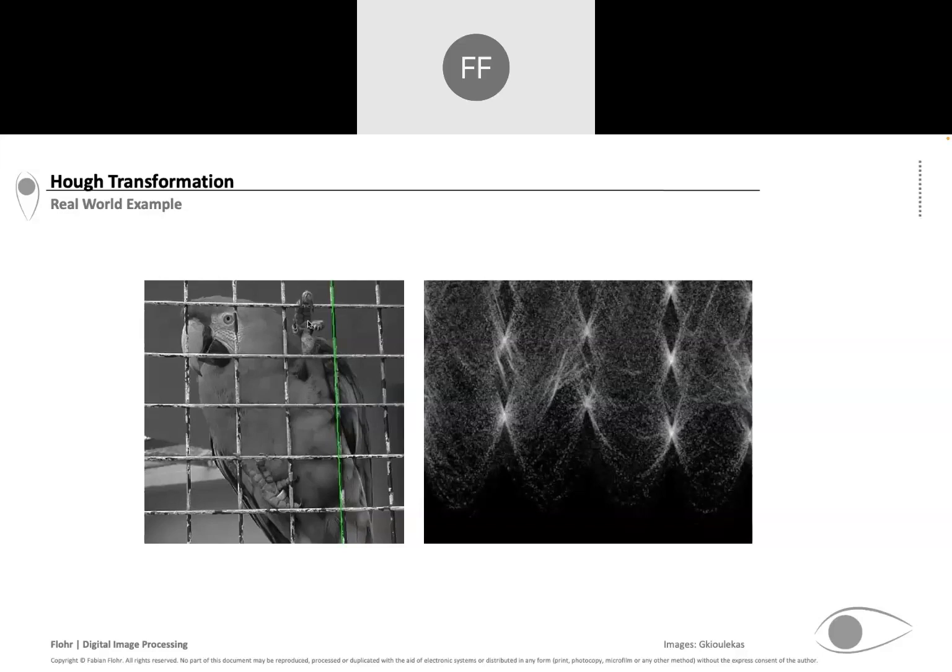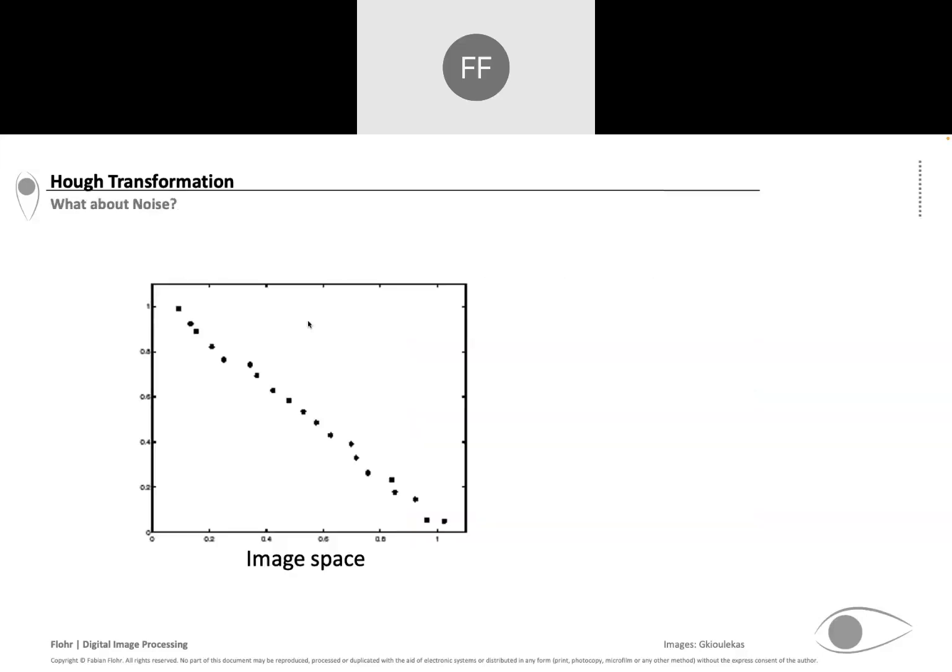Each of those local maxima corresponds to the extracted edges of this fence, the vertical ones and the horizontal ones. And by that, you could also identify more than one local maximum, if you're interested in clearly detecting the fence in the image, because it has just a simple line structure.